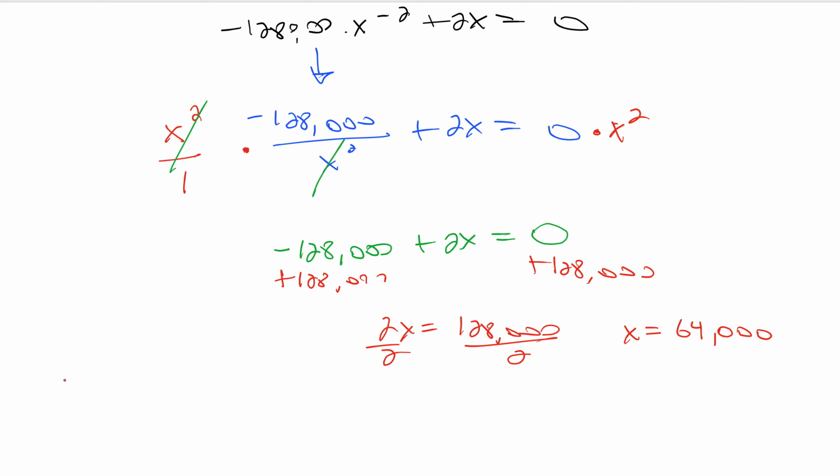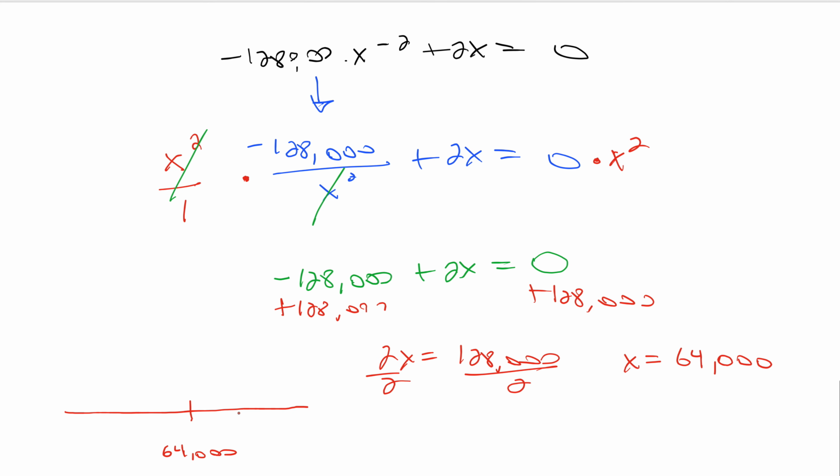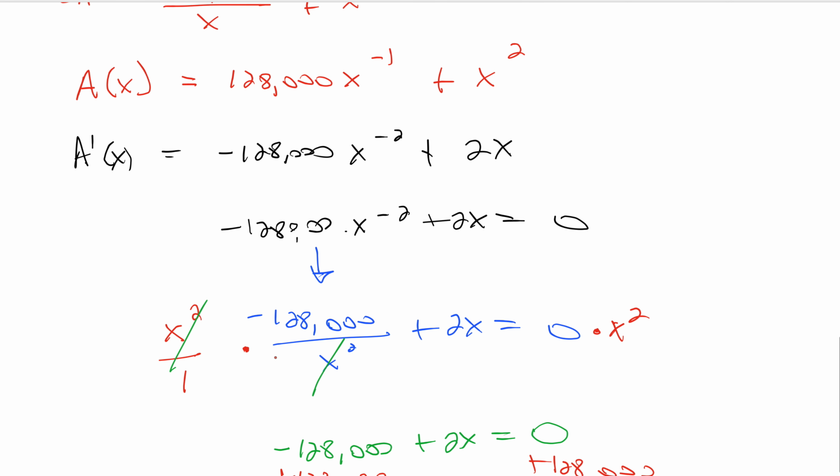All we know is we got a horizontal tangent there. So let's put our 64,000 there, and let's plug in an x to the left and an x to the right into our derivative.